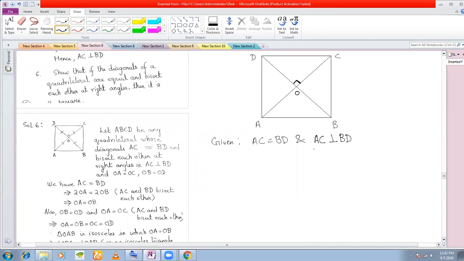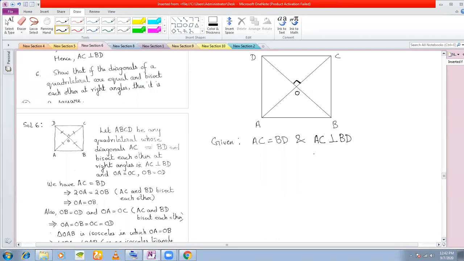Now, how can we show that it is a square? This is the main thing. We can show that it is a square if we can show that any one of the interior angles is 90 degrees, and if we can show that all the sides are equal.